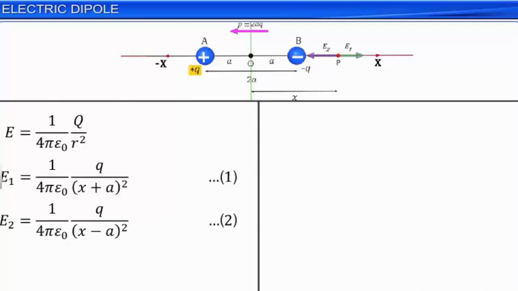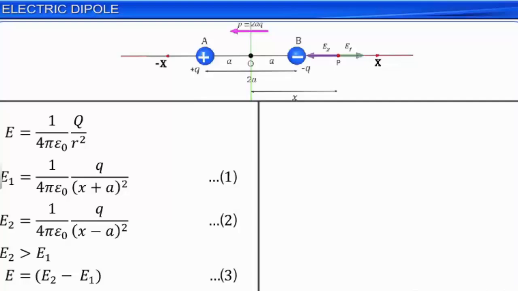As the distance of the point P from minus q is lesser than that from plus q, the magnitude of the electric field strength E2 is greater than E1. Hence, the magnitude of the resultant electric field strength E at the point P is equal to E2 minus E1. Let this be equation 3. The direction of the resultant field strength at the point is in the direction of E2.